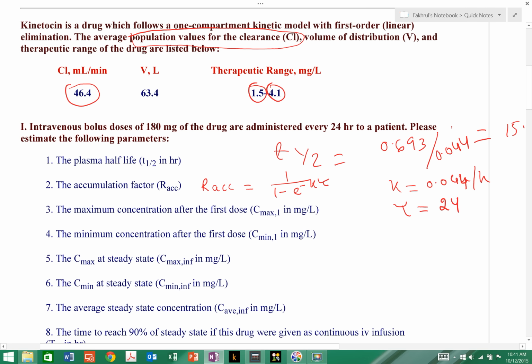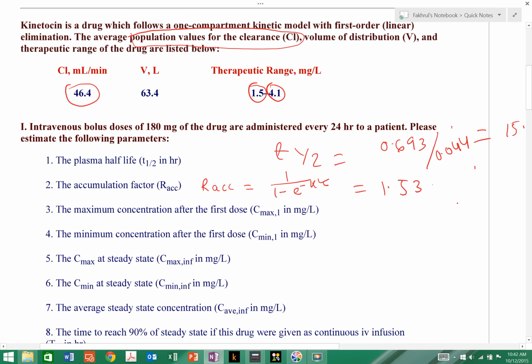So if you calculate using this equation, it should give you an RACC of, I think it is going to be 1.535. To save time, I am not showing the calculation this time.